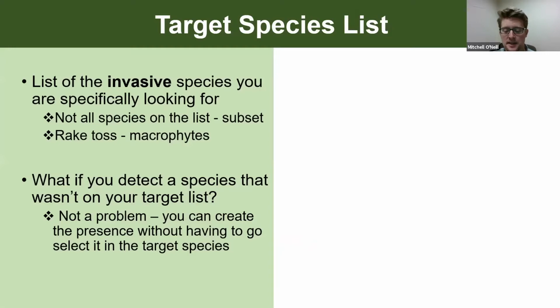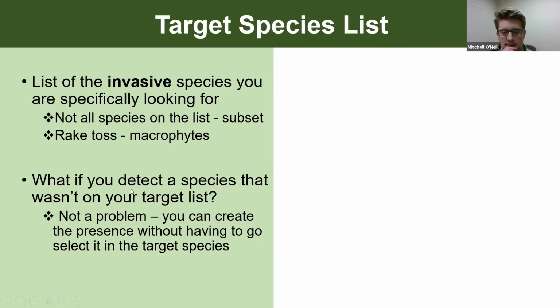And you should be keeping your survey method in mind. For example, if you're doing a rake toss, the species on your target list will probably be macrophytes. In theory, you could come across snakehead, but that's not really what the rake toss survey is designed for. So you wouldn't want snakehead on your target species list, even if you have your eye open for it.